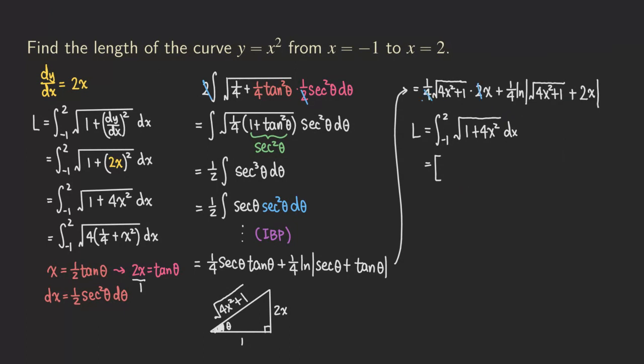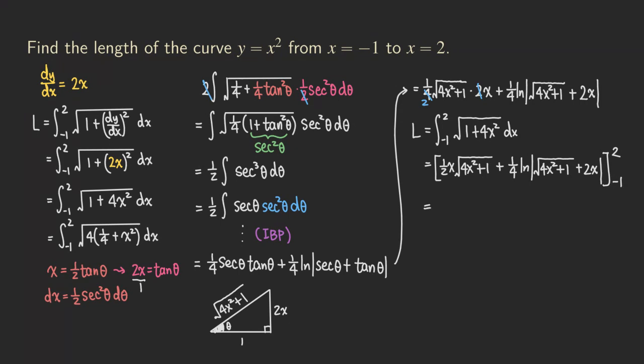The 2 and that 1 over 4 will get canceled. So you are just going to be getting 1 over 2 x square root of 4x squared plus 1, and then plus 1 over 4 ln of the square root of 4x squared plus 1, and then plus 2x. And then you evaluate it from negative 1 to 2.